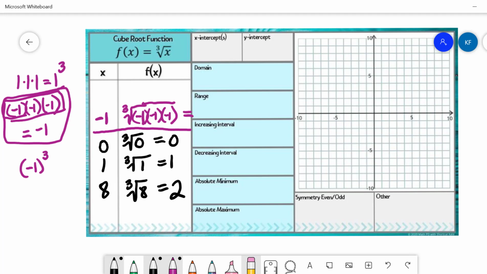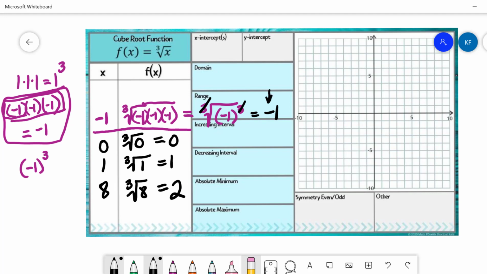I'm just running out of space. So this can be rewritten as (-1) cubed. So at this point, the cube root and the power of 3, which is the cube, undo each other because they're considered inverse functions, which means I am left with -1.